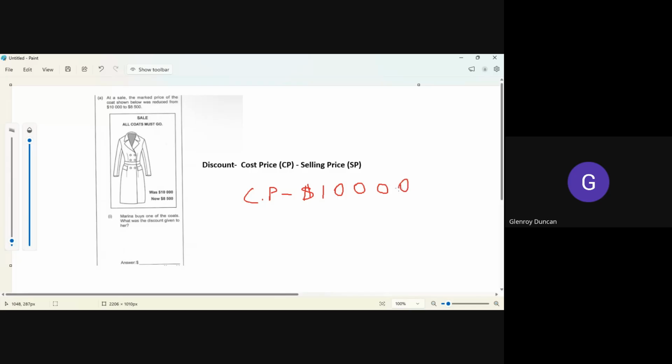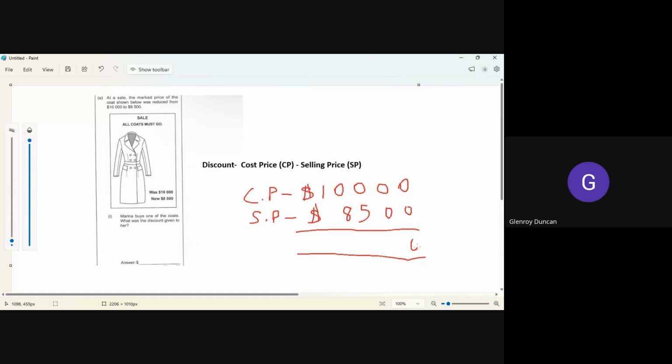And the selling price is 8,500. Class, very easy as we start the ball rolling. All right, we're now getting warmed up. Let's go, class. And we subtract. We find the difference there to get the discount. Don't forget the term difference means to subtract.